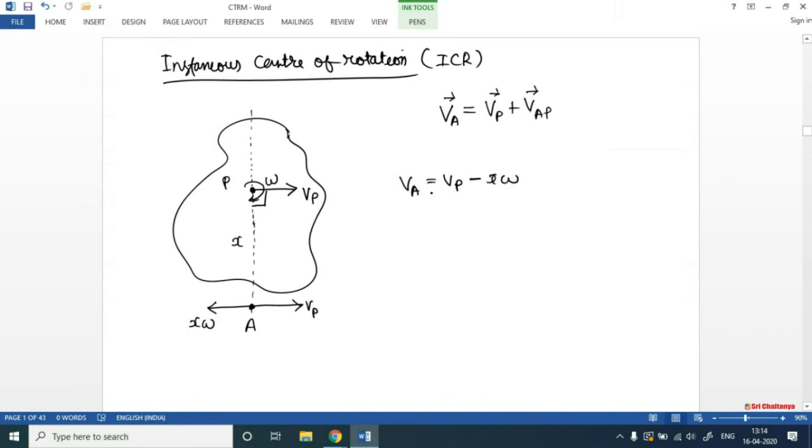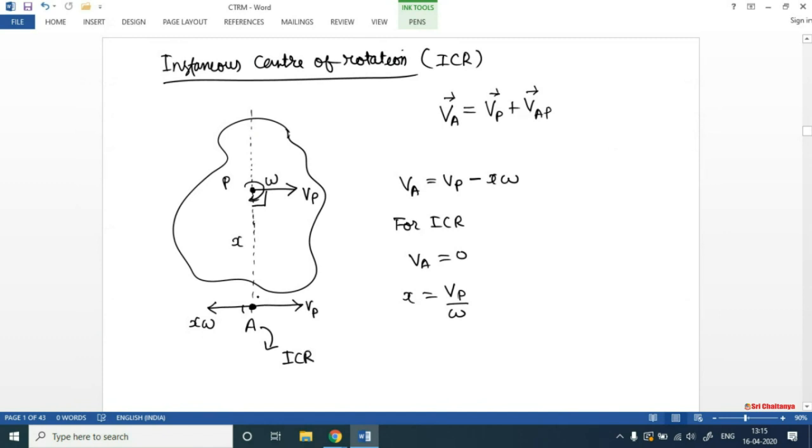For this point A to be the instantaneous center of rotation, VA has to be equal to 0. Solving for x, we get Vp by omega. So we have managed to find the instantaneous center of rotation. This is nothing but the instantaneous center of rotation.